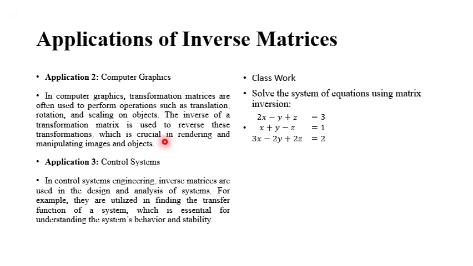All right, so, well, other applications of matrix inversion is useful in computer graphics, that is transformation. Matrices are often used to perform operations such as translation, rotation, and scaling on objects. So the inverse of a transformation matrix is used to reverse these transformations, which is crucial in rendering and manipulating images and objects.